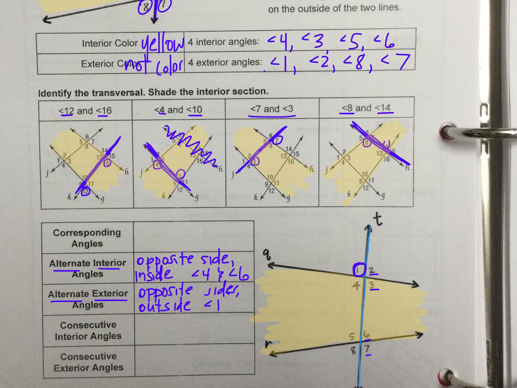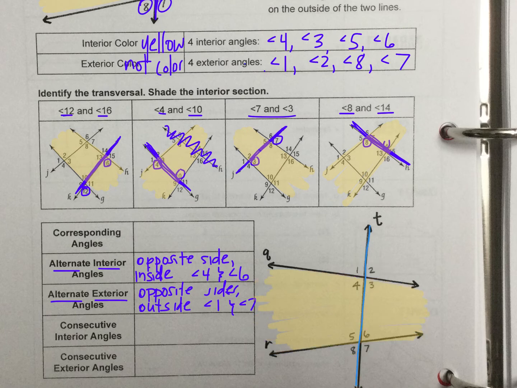Okay, but it has to be outside. Well, 3 and 6 are inside, they're internal. So it's either going to be 2 or 7. Well, 2's right next to it, so it can't be that. So it's 7. So angle 1 and angle 7 are alternate exterior, which would mean 2 and 8 are alternate exteriors also.